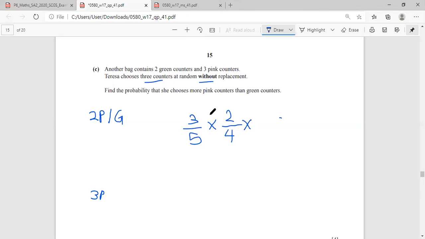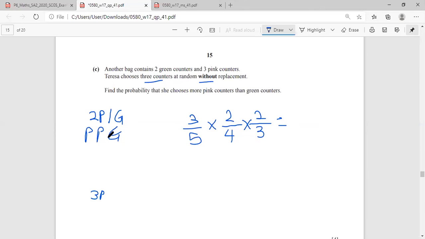And then the third time, you will get a green color. So the green color is still 2 in the container. But the total number of counters in the container has reduced from 4 to 3. So this is the 2 pink and 1 green you will get. So pink, pink, green.